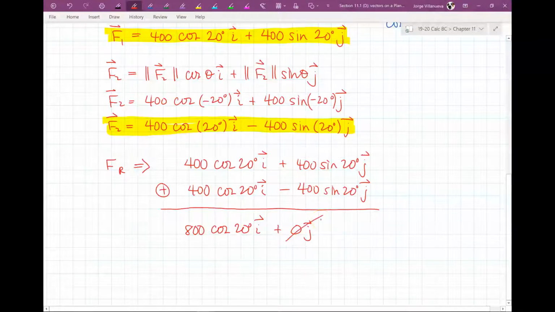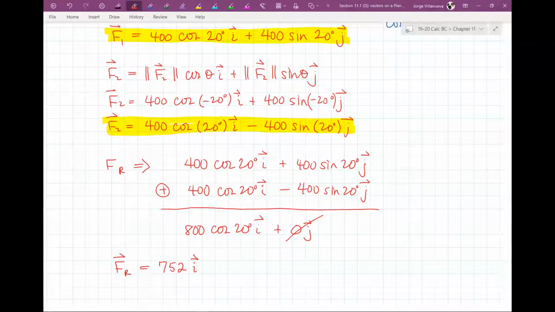So all I have to do now is figure out the actual value of 800 cosine 20, which comes out to 752. So my resultant force is 752 i.